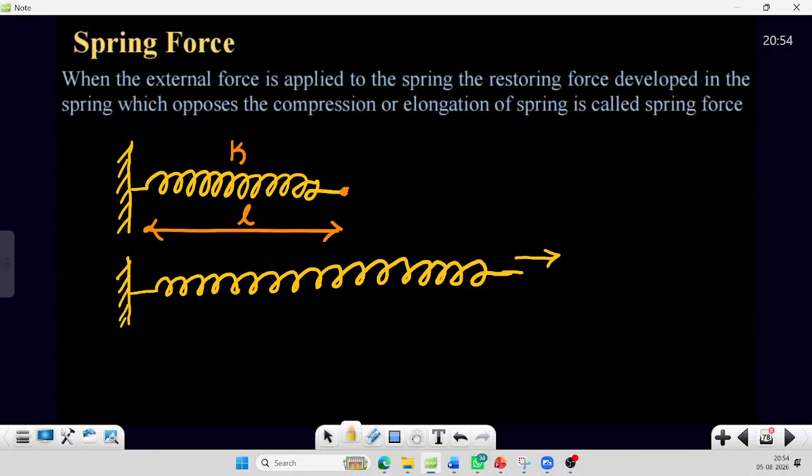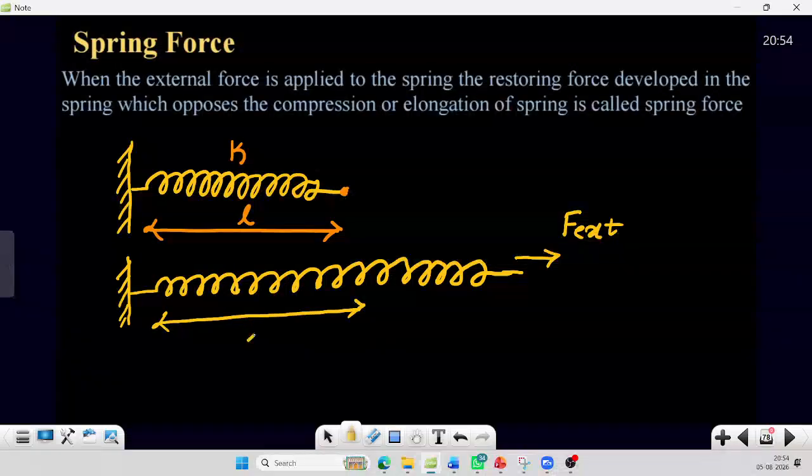I hold it and apply the force like this. This force is called the external force. From here to here is the natural length, this is L, the original length of the spring. Because of the application of force, the spring gets elongated this much. Let us say this is X, where X is called the elongation of the spring.